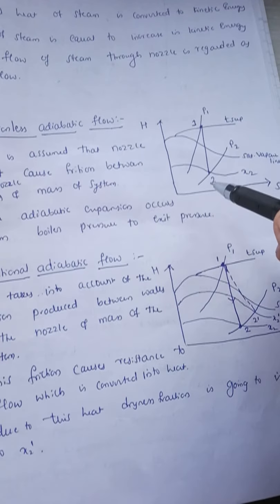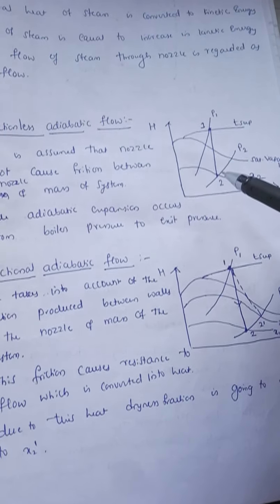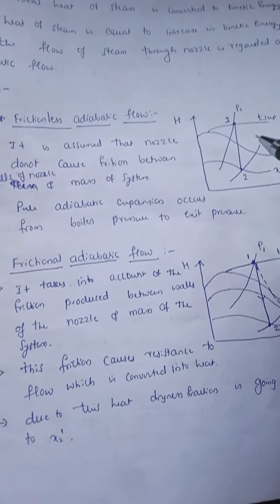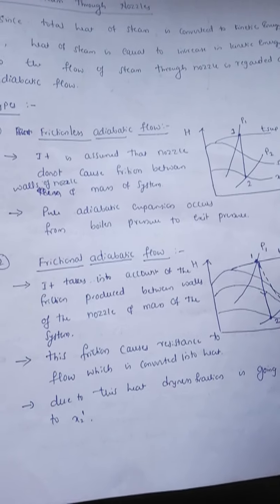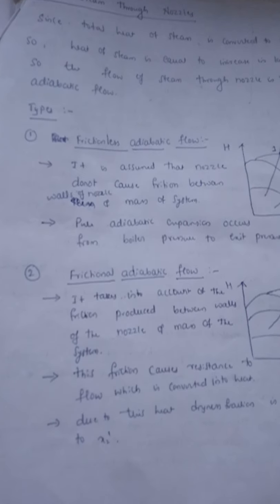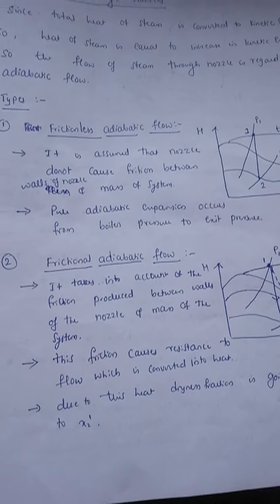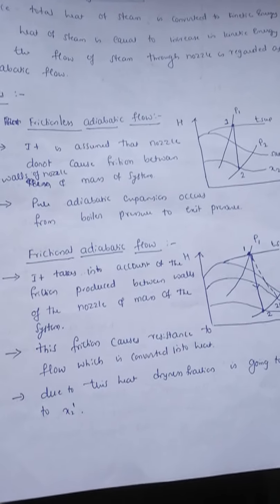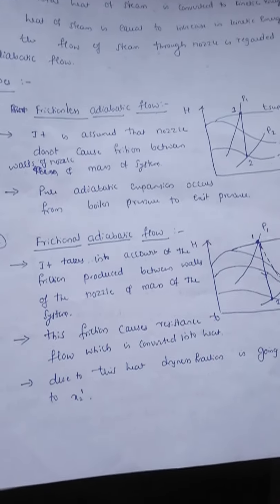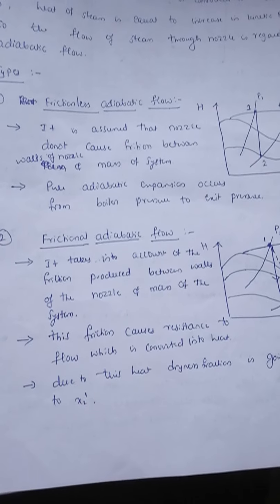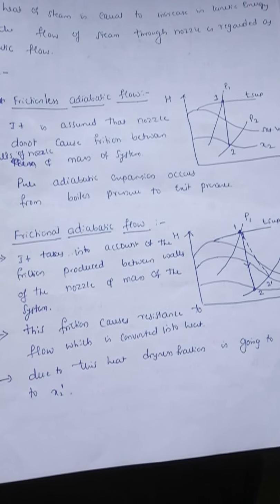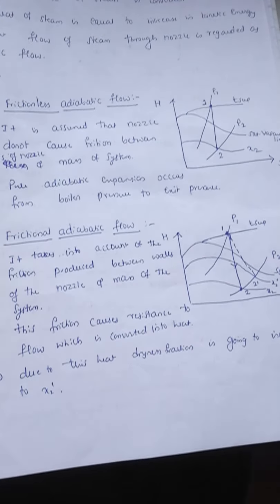From 1 to 2, if I pass from one section to the other, it will be purely isentropic and a purely straight line, because we are not considering the friction between the steam and the wall, or friction between the layers of the steam. It is assumed that the nozzle does not cause friction between the walls of the nozzle and the mass of the system. So pure adiabatic expansion occurs from boiler pressure to exit pressure.